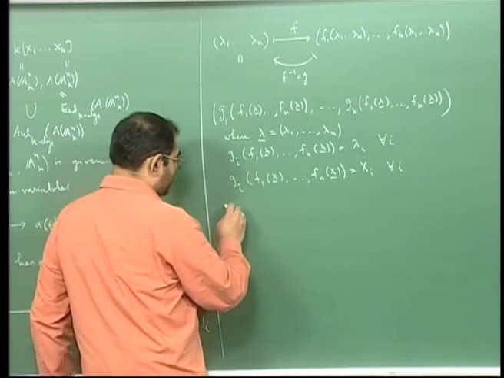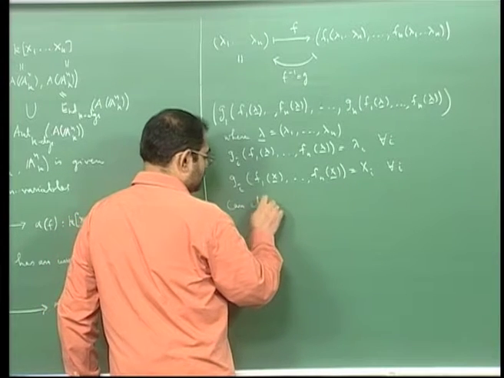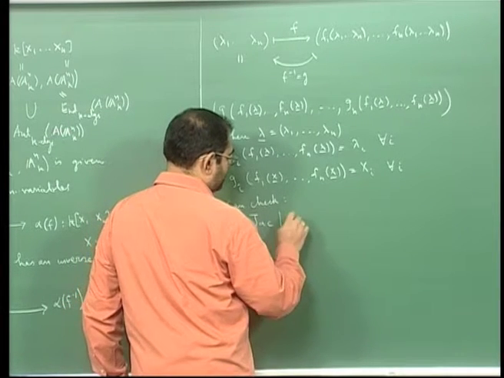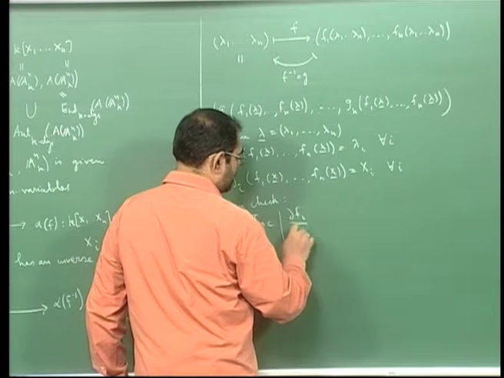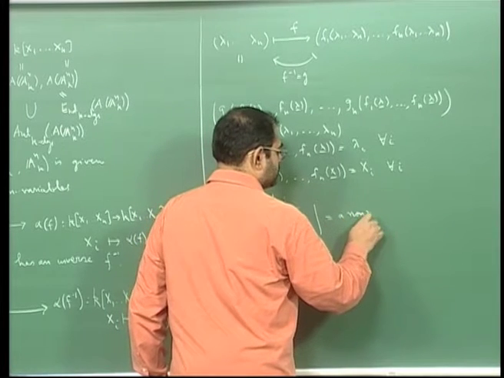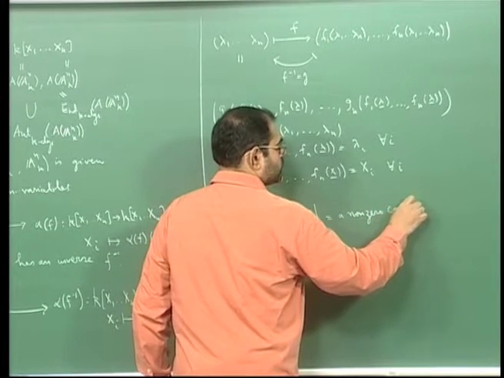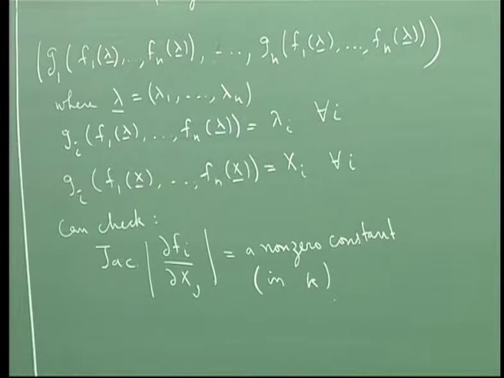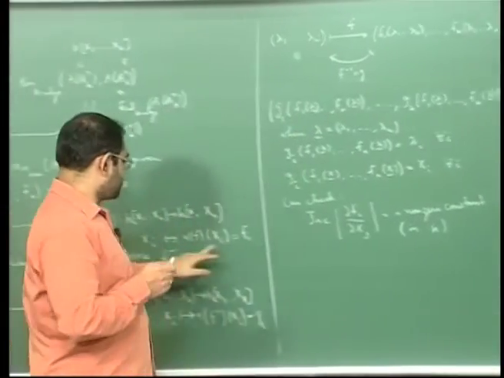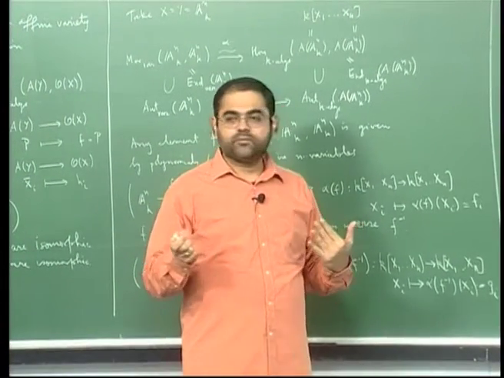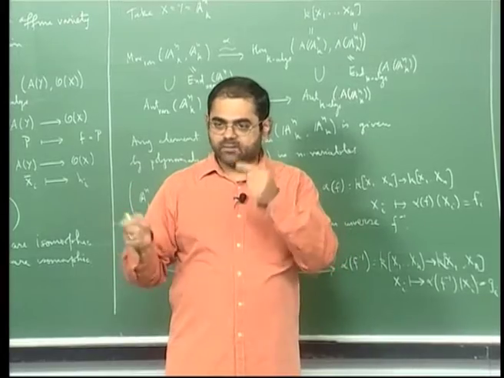Then you can check that the Jacobian of the partial derivatives of F_i by x_j is a non-zero constant in K. What you must understand is that each F_i is a polynomial in n variables, and if I differentiate partially with respect to each variable, I will again get a bunch of polynomials.